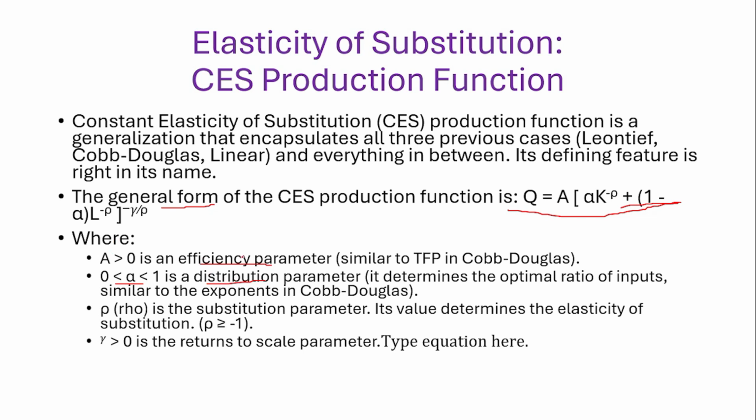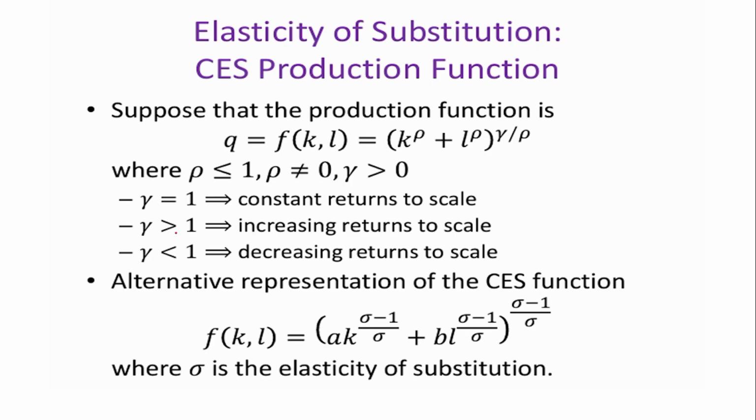That means how much capital or how much labor we use in this production function. And rho is the substitution parameter, and gamma the returns to scale. That means if gamma equals 1, that means constant returns to scale, and gamma greater than 1 means increasing returns to scale, or less than 1 is decreasing returns to scale.